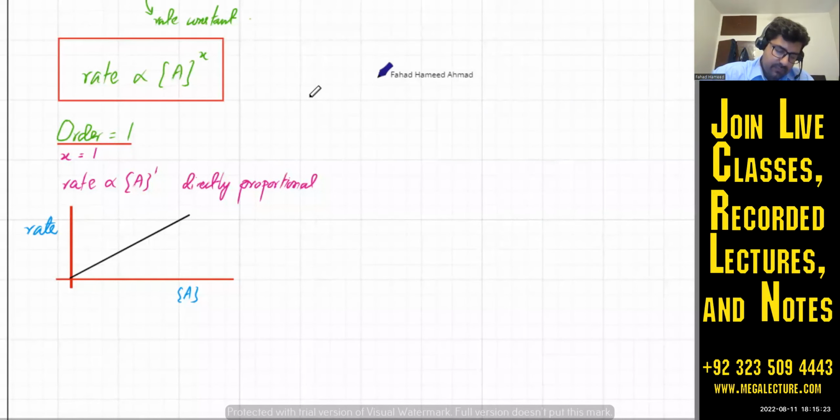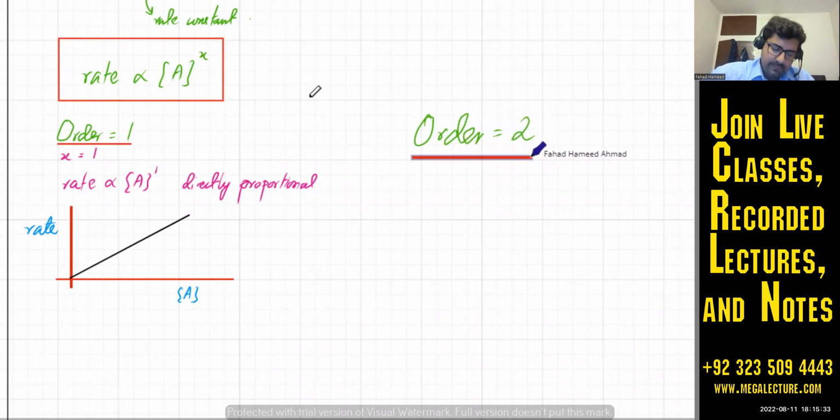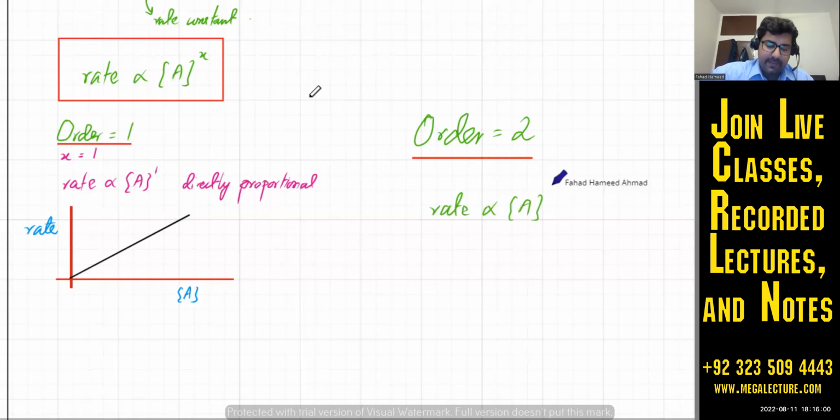So what is order 2? Now in order 2, what will happen is that the rate will depend on the concentration of A. You change the concentration of A, the rate will get affected.